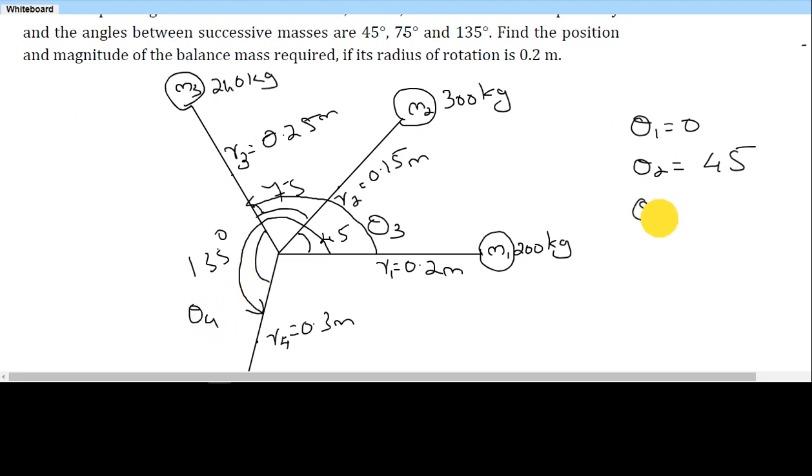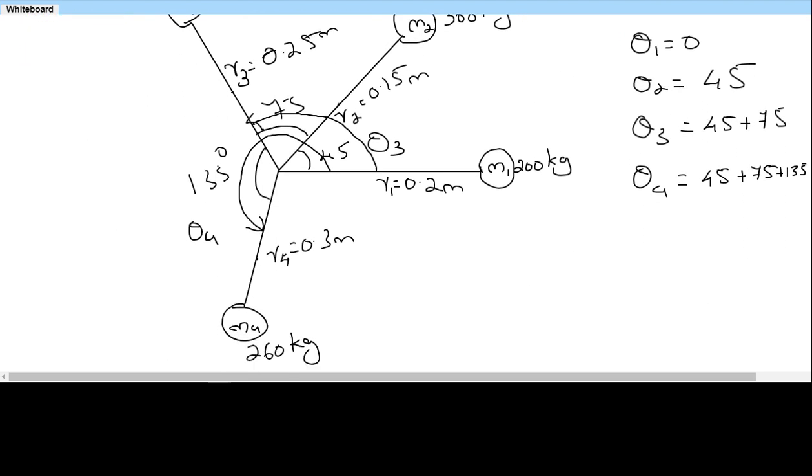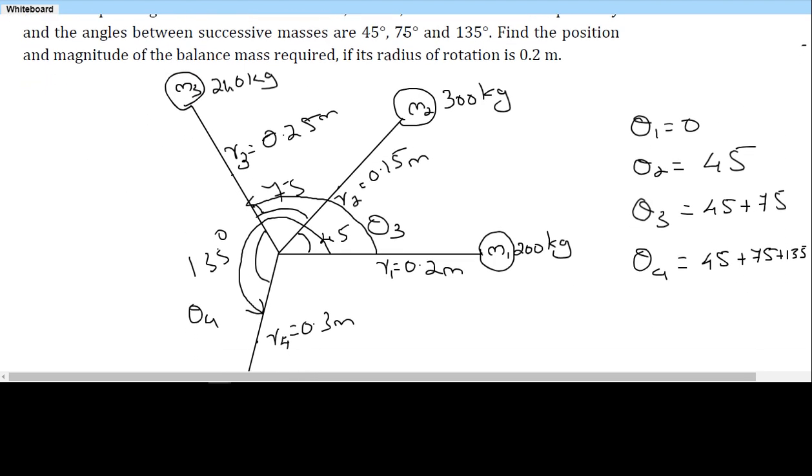So theta 3 will be 45 plus 75 and theta 4 will be 45 plus 75 plus 135. So we should take the angle with respect to the horizontal because our cos component is taken from the horizontal, even though in the question it is given between the successive masses.